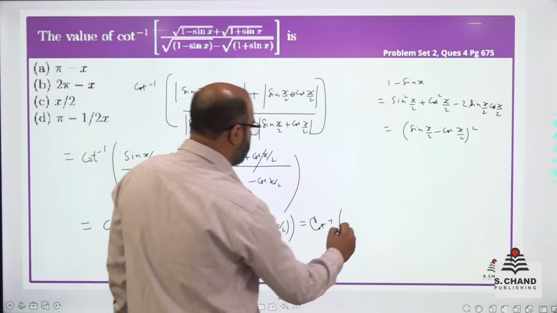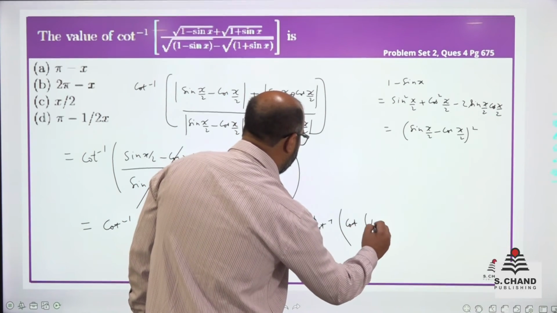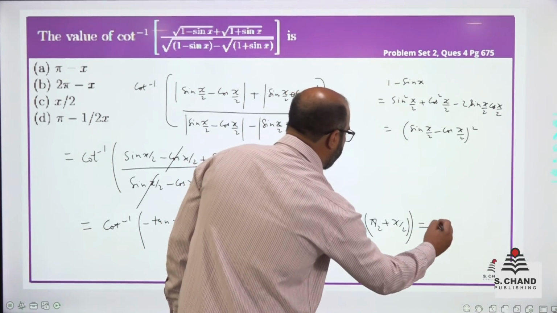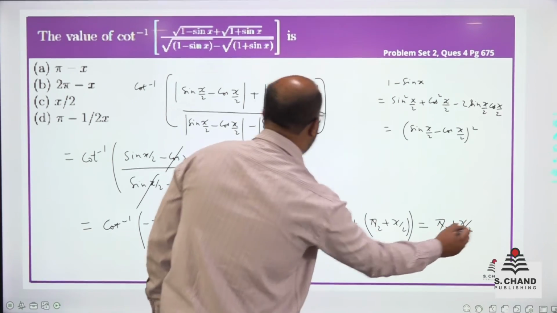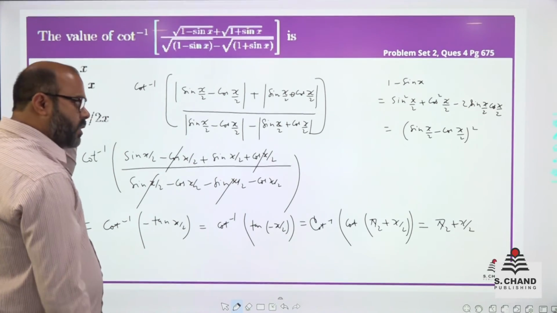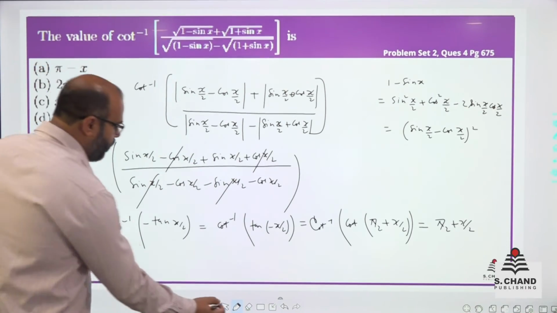Tan can be written as cot of 90 minus theta, so this is pi by 2 plus x by 2. Is there any such answer? Let us check. There is no such answer. So let us again go to another method.